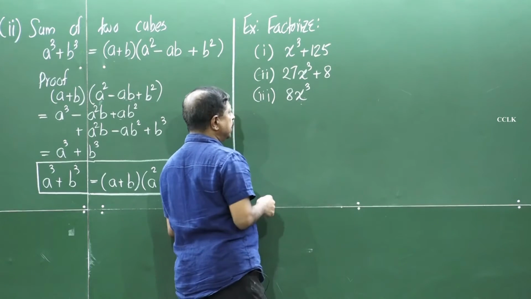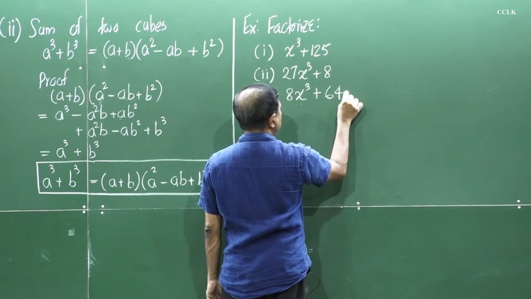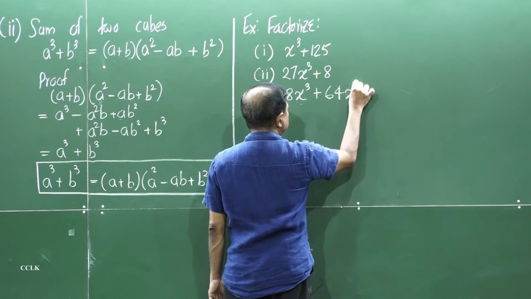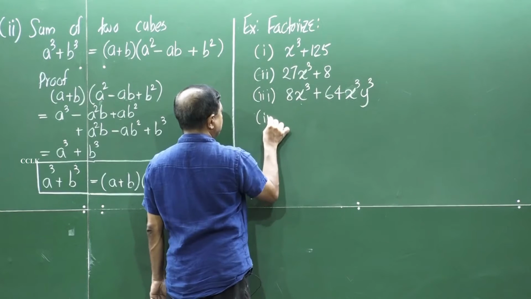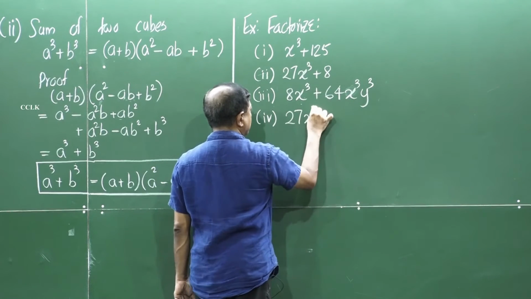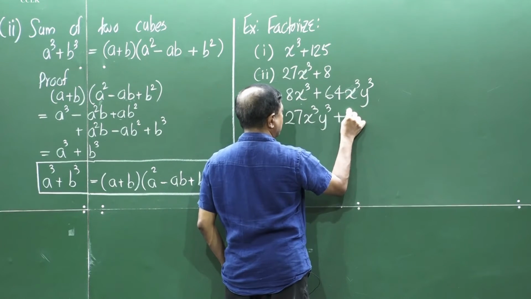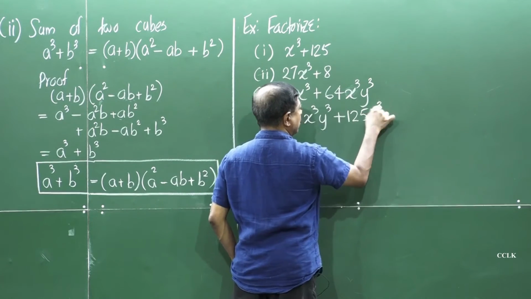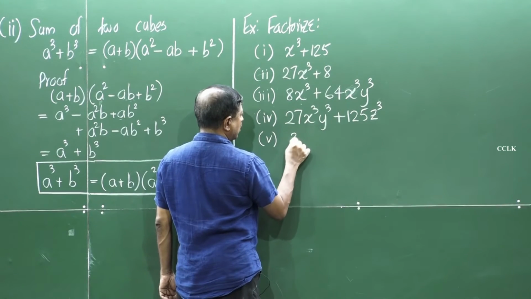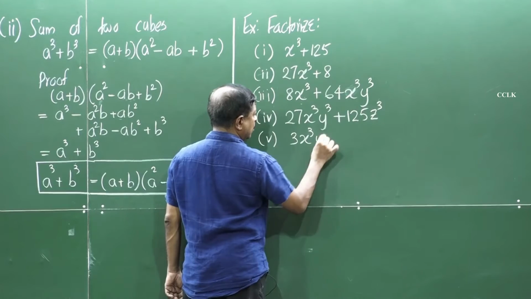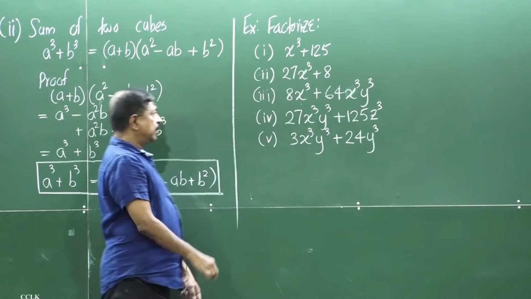Okay, we'll take this one: 8x cube plus 64, x to the power cube by cube. There are 5.